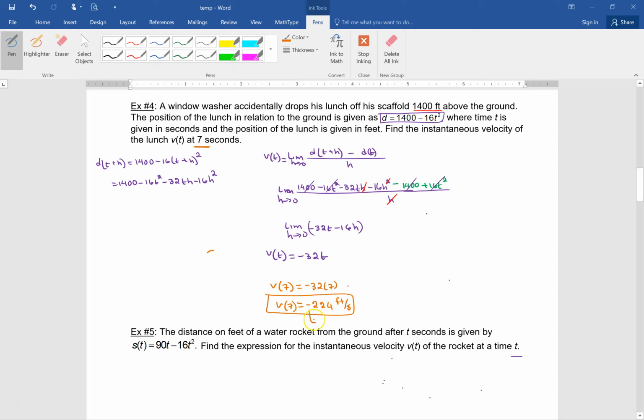And the lunch is going down, right? The lunch is going downward. So the velocity has a negative in front of it.